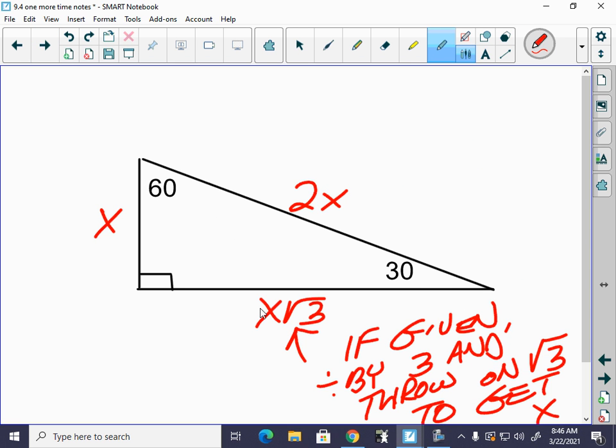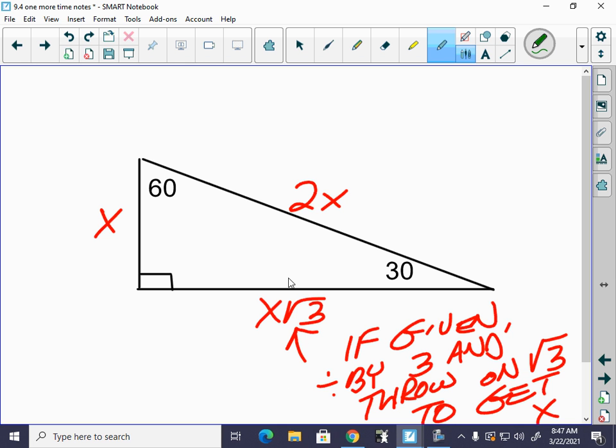Whatever, like if this number was 15, then you just divide 15 by 3 and throw on the square root of 3, and that'll give you x. Divide by 3 because it says 3. And if you divide by 3 and then put square root of 3. So it could be 15, it'd be like 5. If this was 15, hang on.